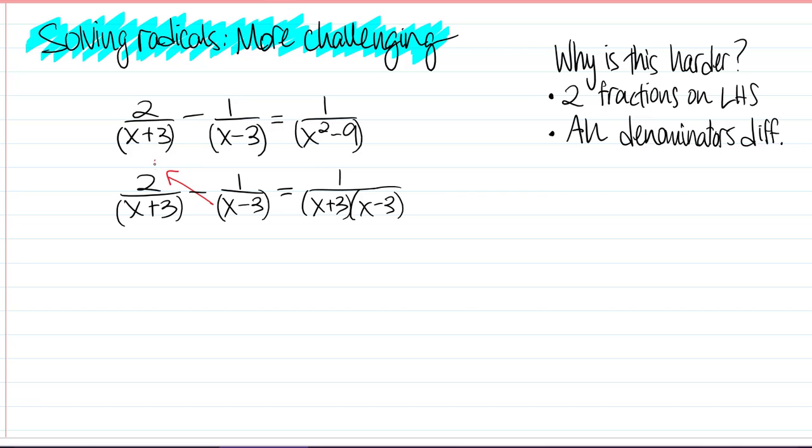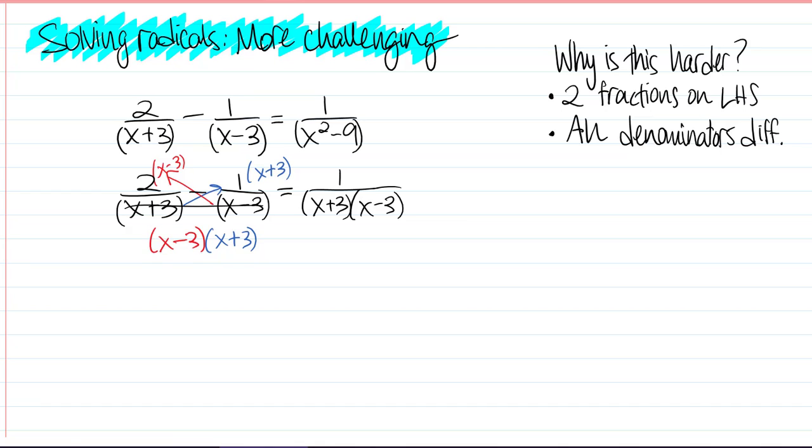I'm going to multiply this numerator by x minus 3, and the second numerator by x plus 3, and then my new denominator will have x minus 3 times x plus 3. It doesn't matter that the order changed, I'm just writing them down underneath each other. So that's what my new denominator will look like.